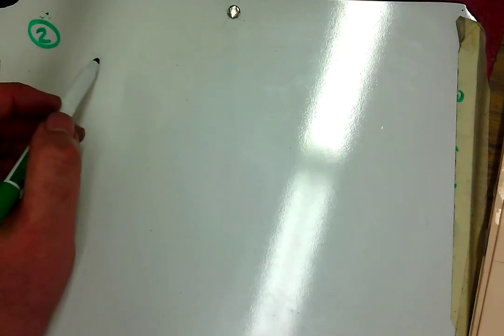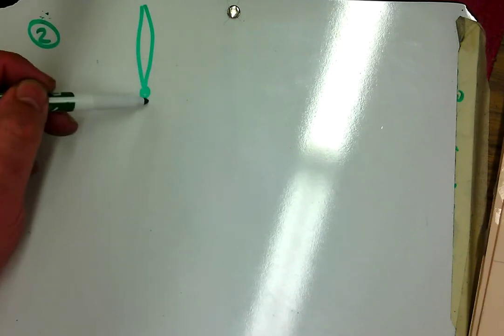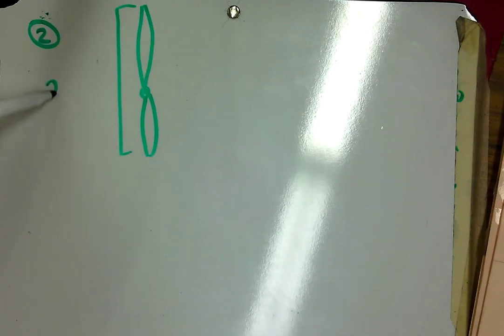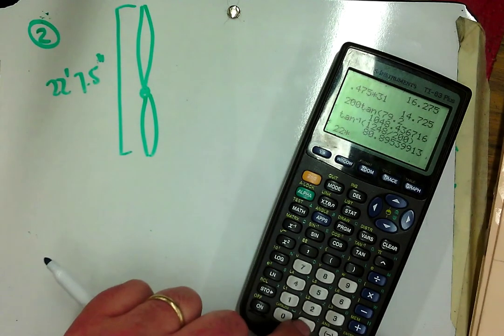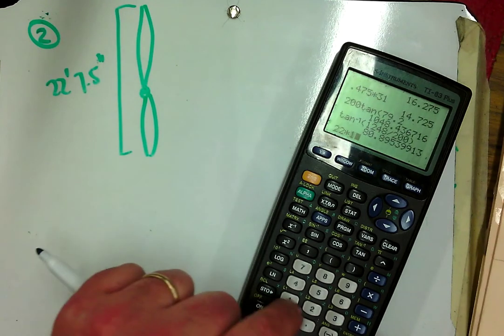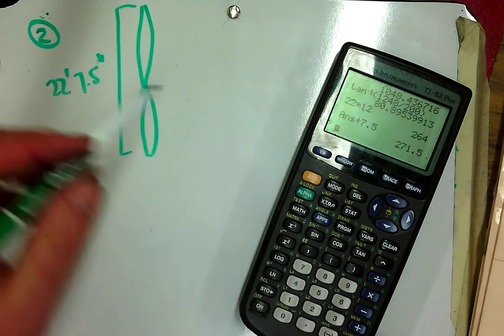Problem number 2, the length of the longest airplane propeller was 22 feet 7.5 inches. If I make that all inches, 22 feet times 12 inches plus 7.5 inches.